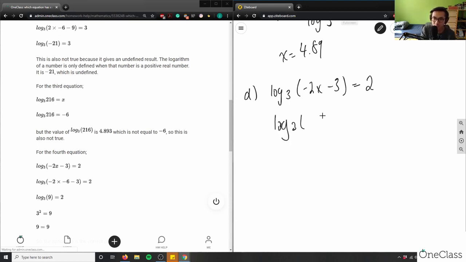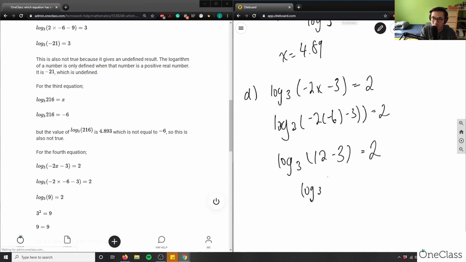So log base 3, I'm going to sub in -6 here: -2 times -6 is positive 12, minus 3, equals 2. Log base 3 of 12 minus 3 here is 9, equals 2.